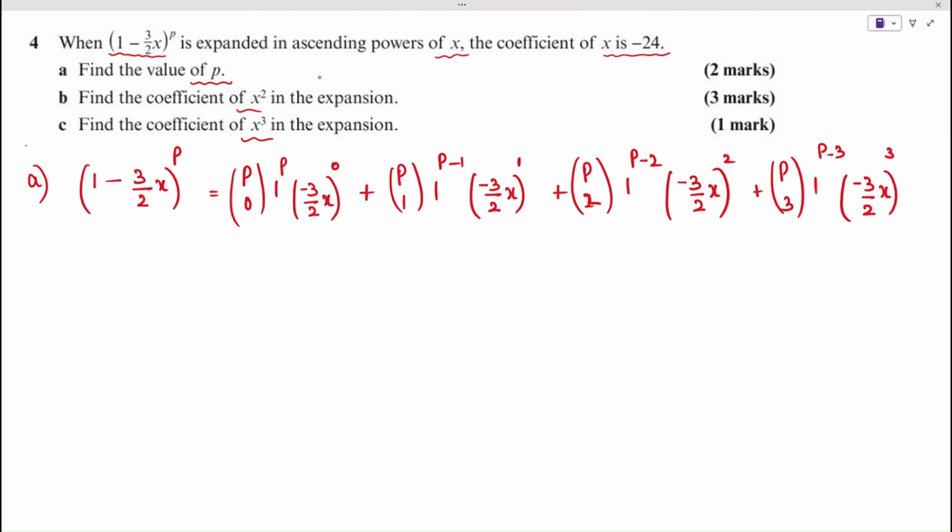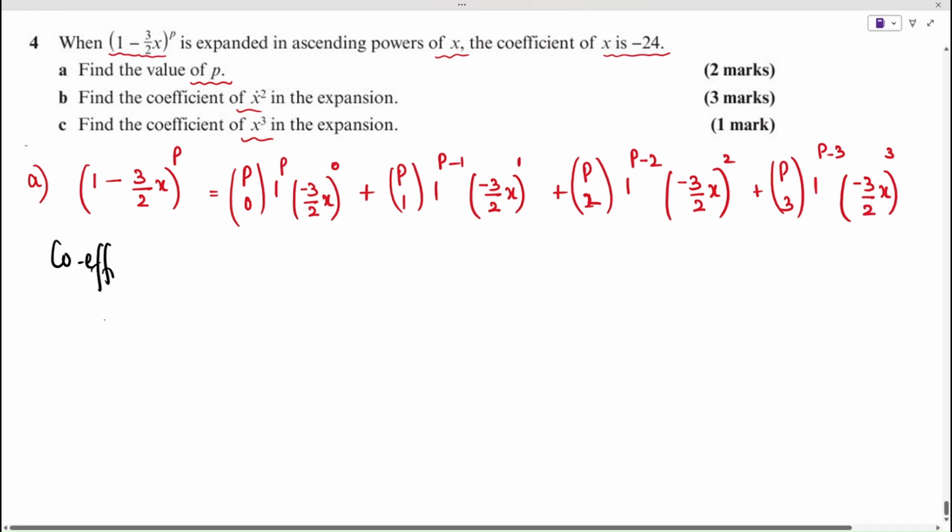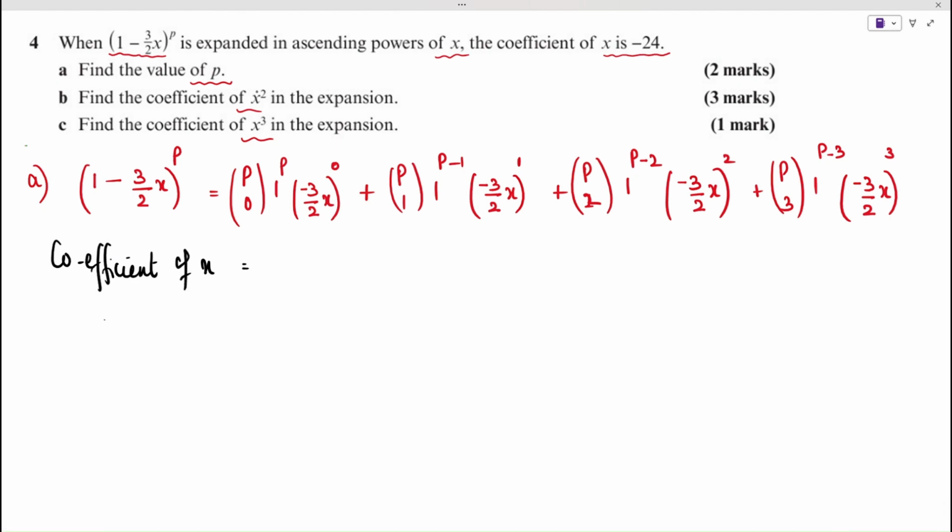And so for the coefficient of x, that's everything before our x value, so our second term. So we have p choose 1, which is going to be p. 1 to the power of p minus 1 is 1. And then we're left with minus 3 over 2 times x to the power of 1, so that just remains as that.